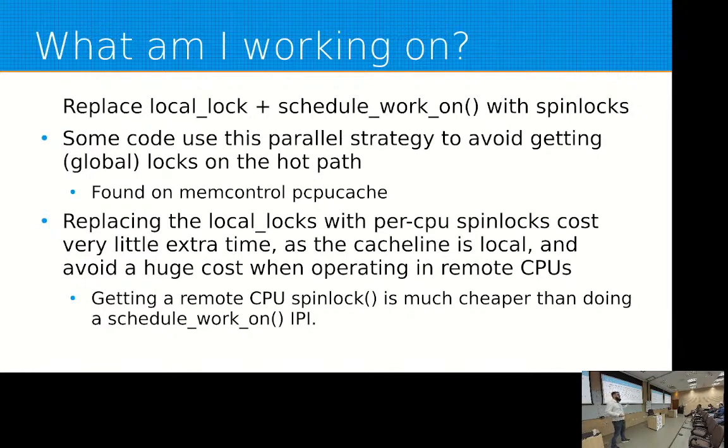So with spin locks here, instead of interrupting your remote CPU to do something, and some of those cases are just in software cache, for example, you can just get this spin lock remotely, do the work, and not interrupt that CPU. It's not that expensive. Schedule work on picks at least 1 global lock and a local lock, so it's much cheaper to do this part of schedule work on. The thing is that this is not run as often as the local lock part, so there is some price to pay. My argument is that this price is not that big, so it's worth doing if you are running a real-time workload.